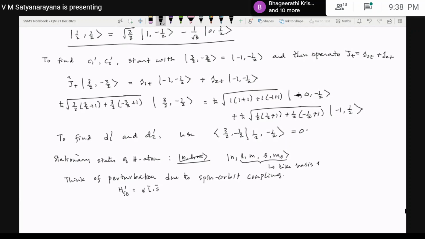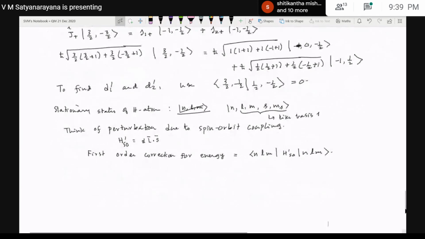That means you would like to calculate the first order correction for energy, which is given by the expectation of H prime SO between the states n, l, m. Okay, this is the expression from the perturbation theory.